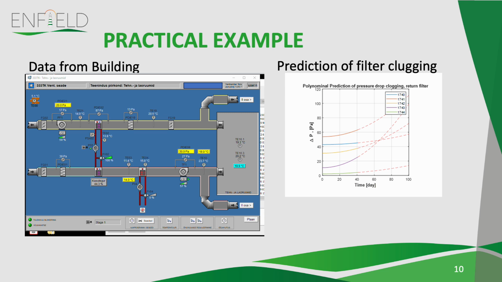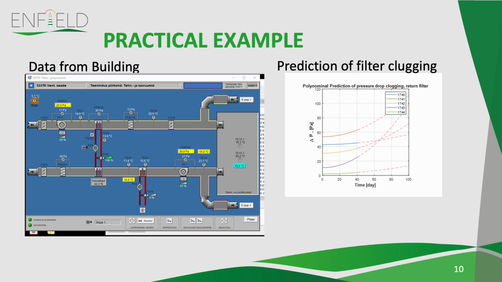This is about filters and clogging of the filters. So filters are getting dirty, and it means that the ventilation system requires more power in order to guarantee the same amount of air passing through the filter. So the amount of air coming through the ventilation system will stay the same. You will not feel it.